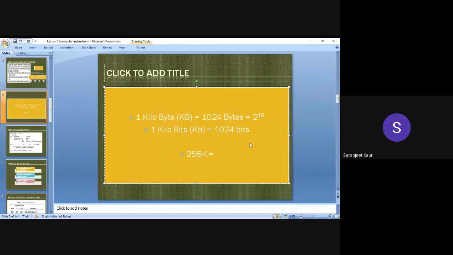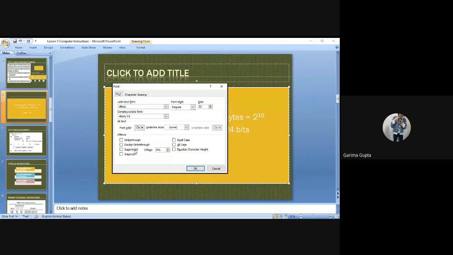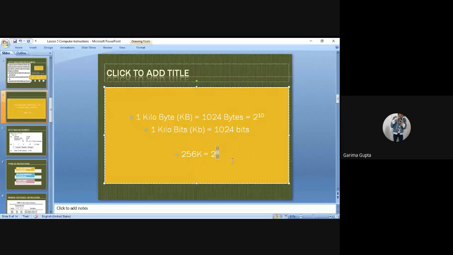So 256K means 256 is 2 raised to the power of 8. And what is 1K equal to? It is 2 raised to the power of 10.